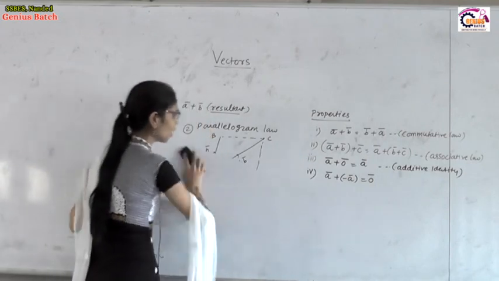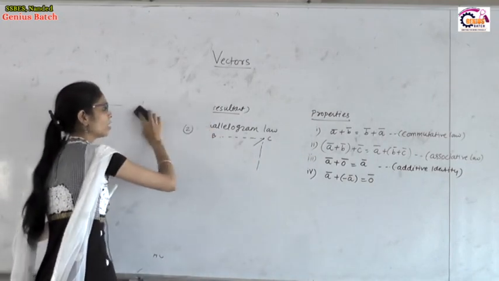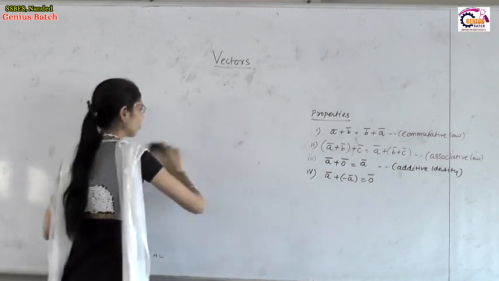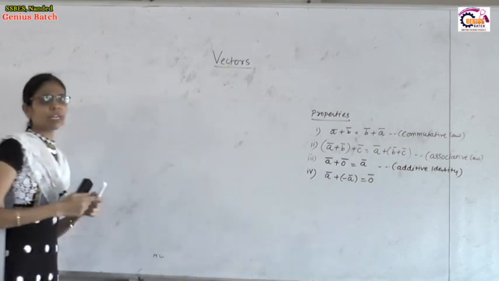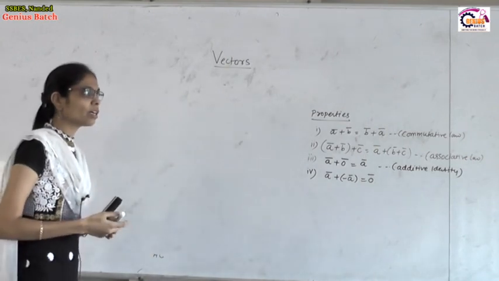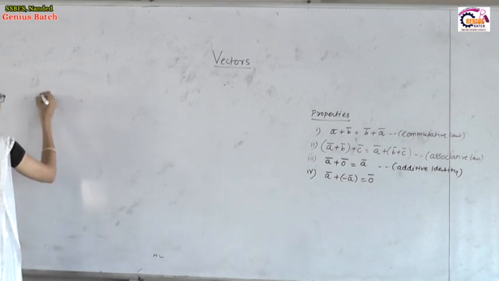For addition, you have two different laws, triangle law and parallelogram law. But for subtraction, no separate law is there, but subtraction can be defined using the triangle law. Okay, see, subtraction.